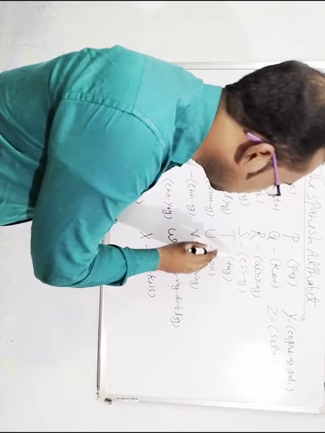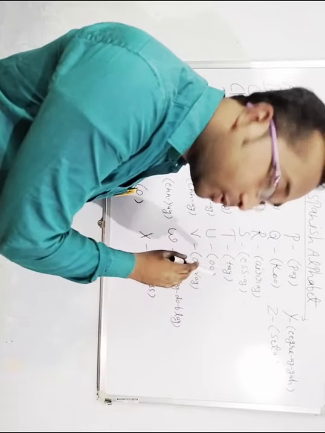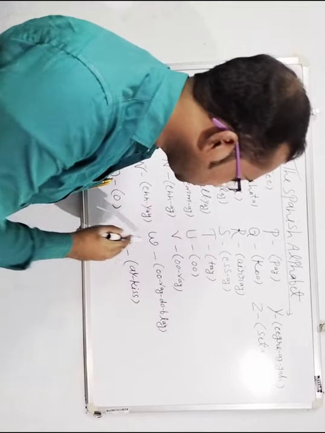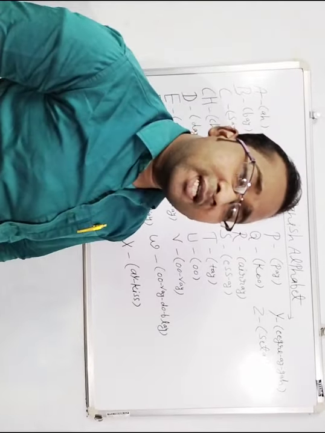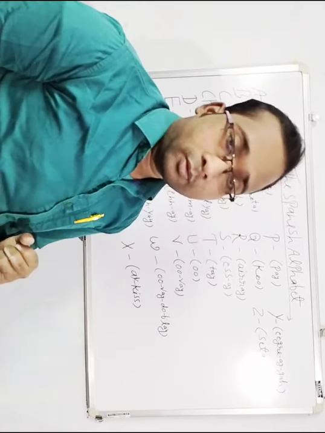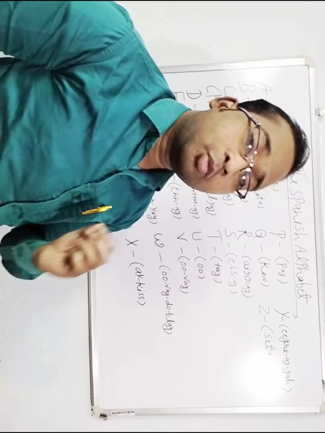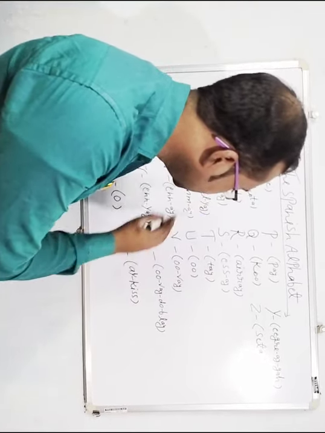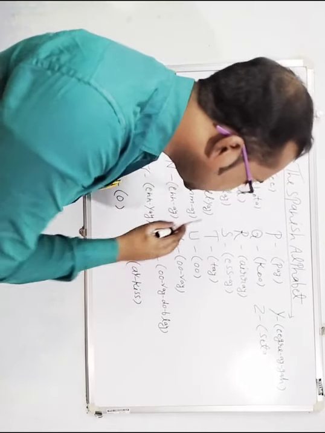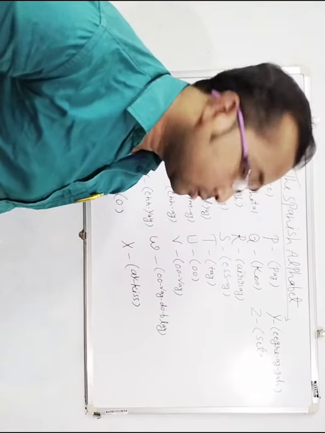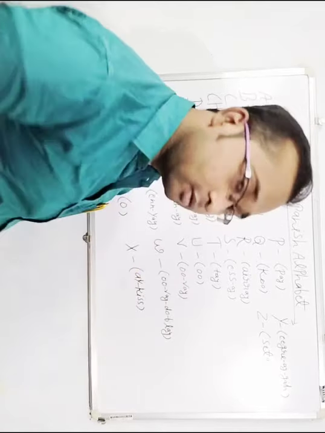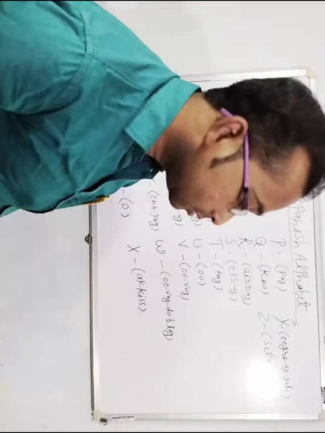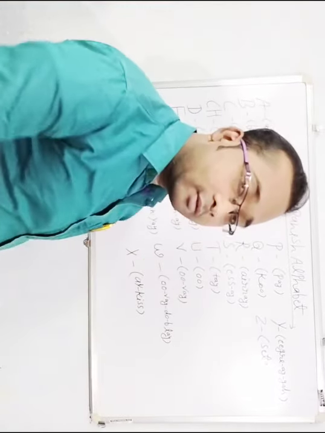Next, U. U is pronounced in Spanish language u. Next, V. V is pronounced in Spanish language ue.